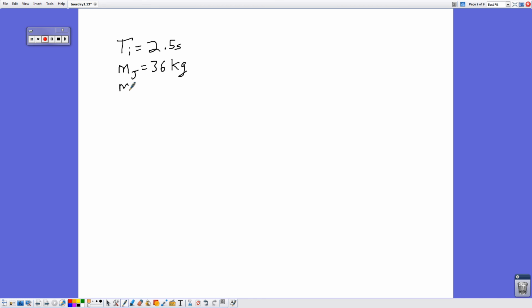We know that the mass of the merry-go-round is 200 kilograms. We know that the distance between the axis and Joey is 0 meters. And the distance between the outside edge of my disc, or merry-go-round, and the center is 2 meters.